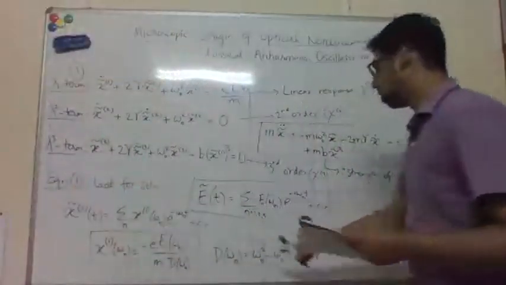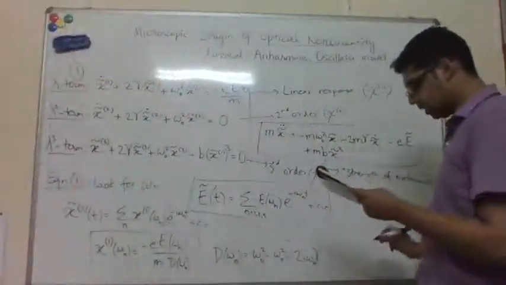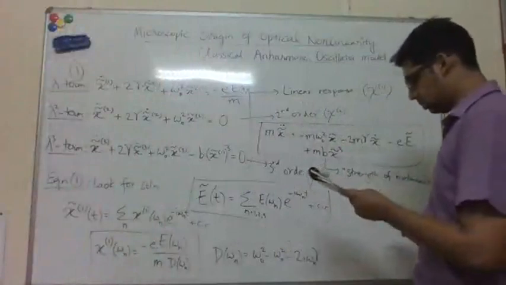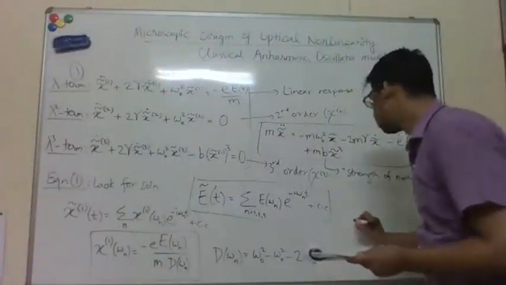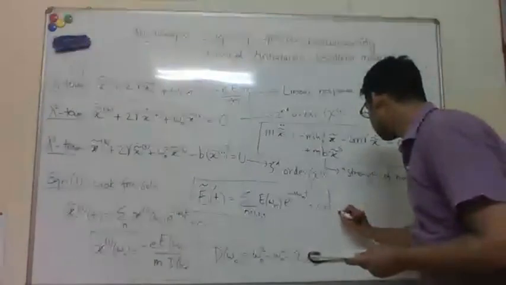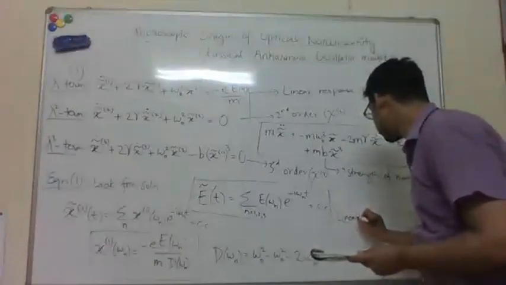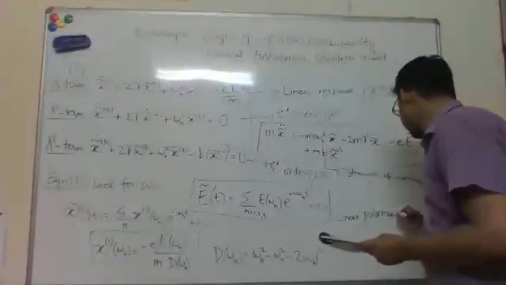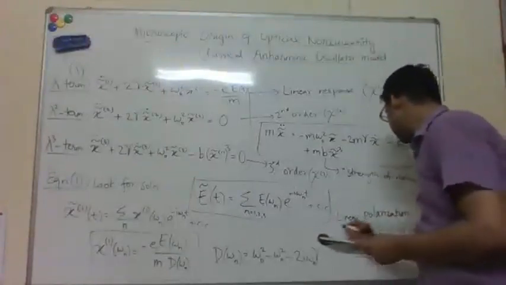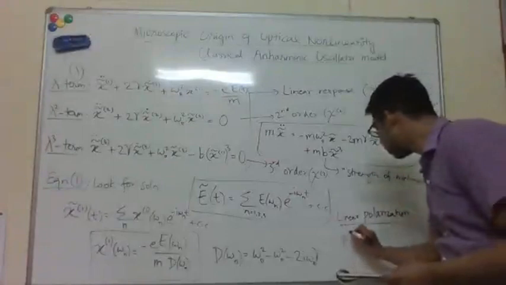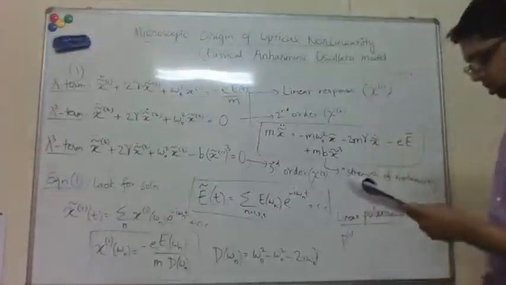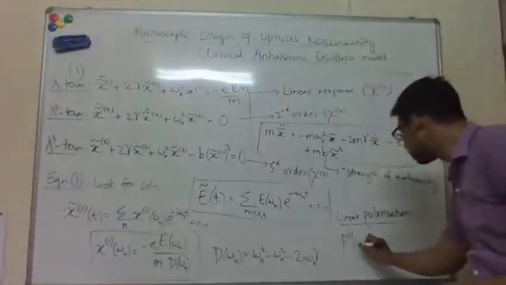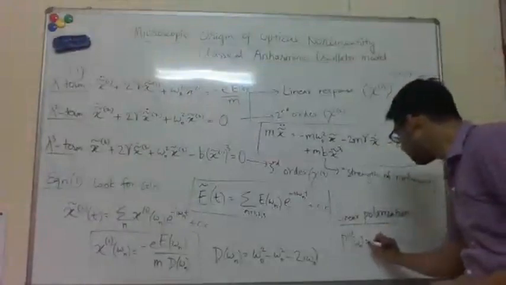Right. So from here, straightforward, from the displacement we can define a polarization. The linear polarization, so I call it P1 at frequency omega n.